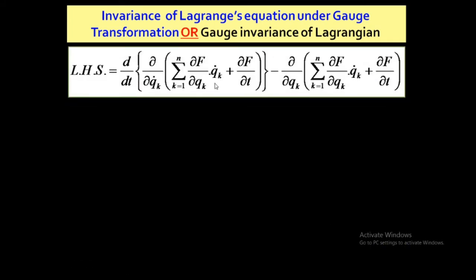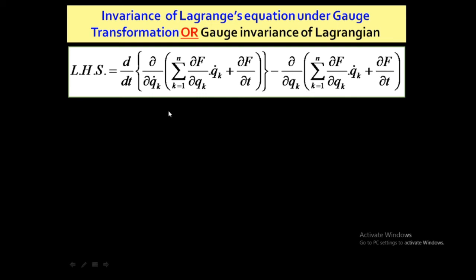In place of df by dt I have put summation over k del f by del qk into qk dot plus del f by del t, in both places. These summation values come from equation number 1, where I defined the function f and the derivative of that. So after putting this value of df by dt I will get this kind of equation.